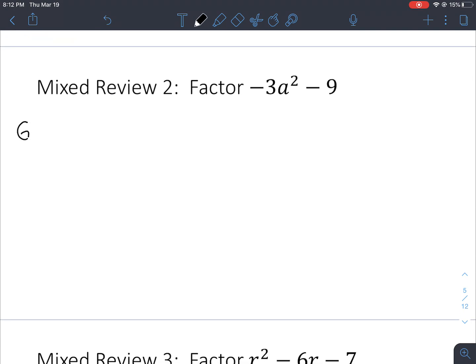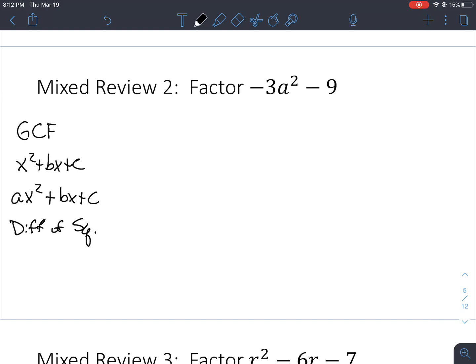Okay. Next one here, I'll make my little list again. GCF, x squared plus bx plus c, ax squared plus bx plus c, and then difference of squares. So in this case, I see again, there are just 2 terms, so it can't be either of those 2 middle ones because those require 3.